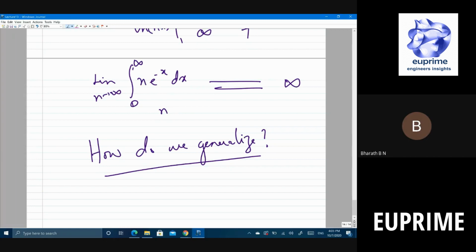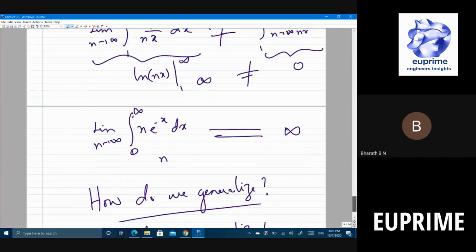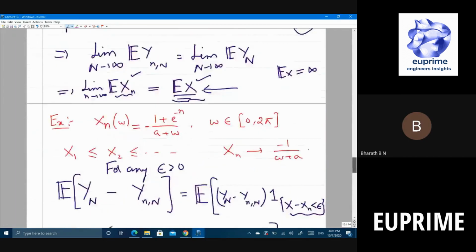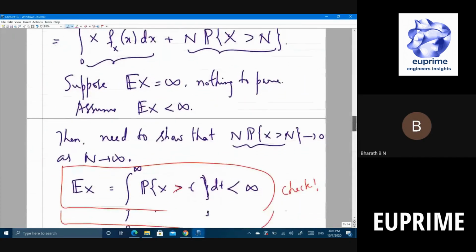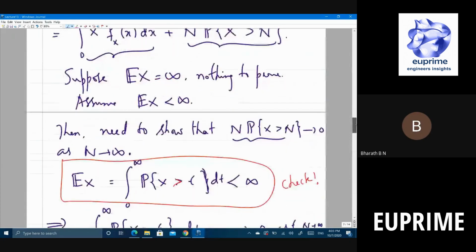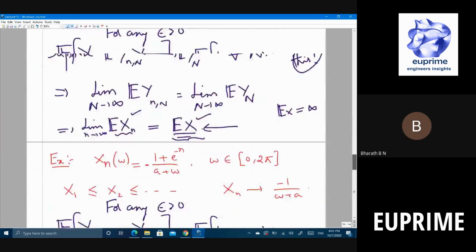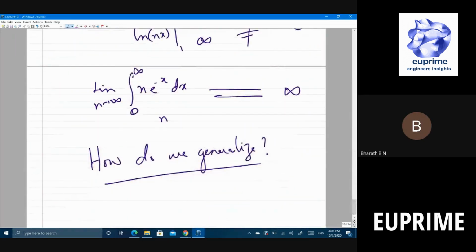I'll maybe LaTeX this part and send it to you. It will take some time, but especially the part up to the monotone convergence theorem, from yesterday till the next class, I will LaTeX and send it to you.